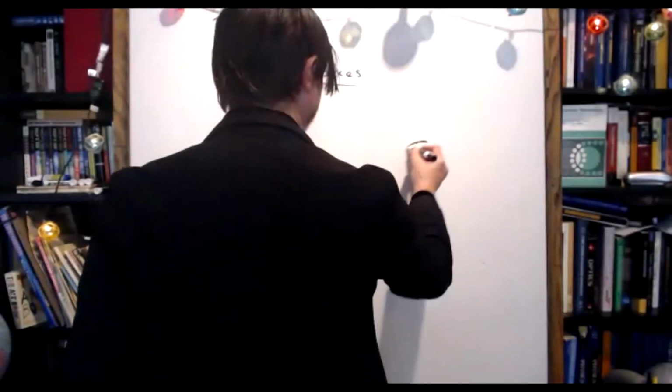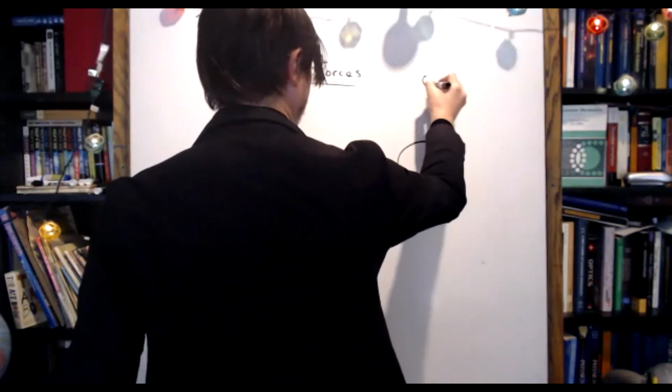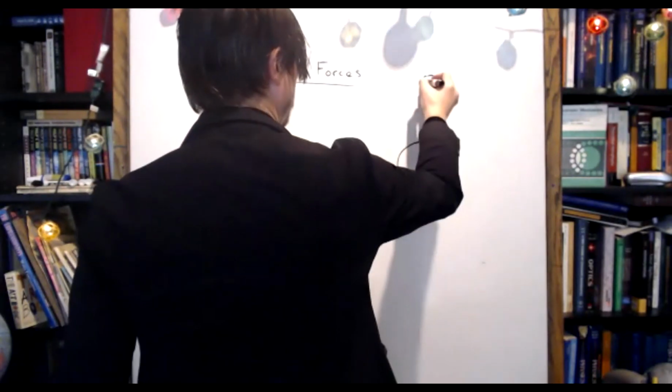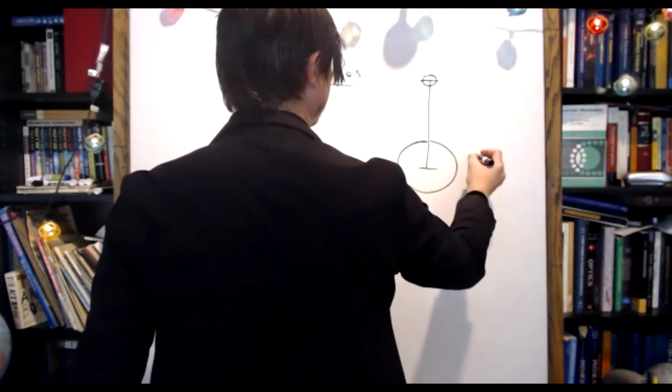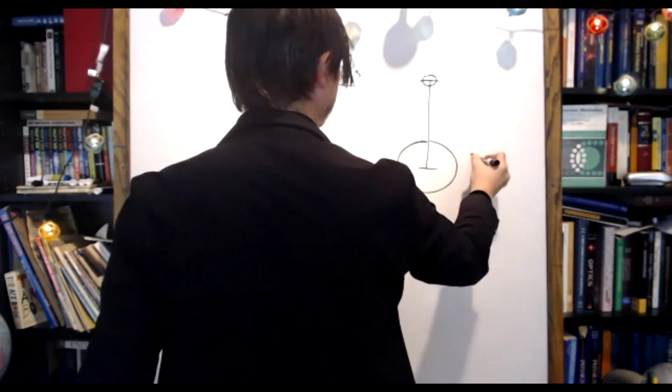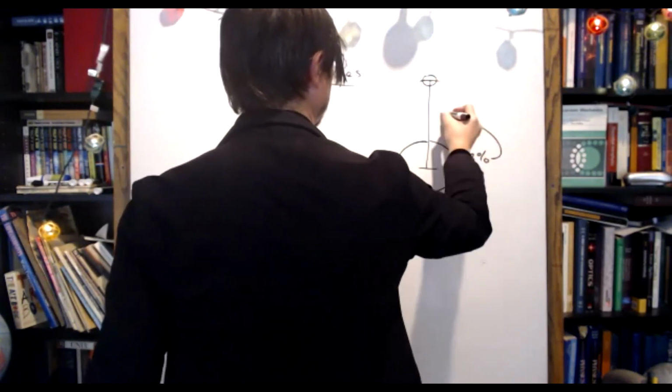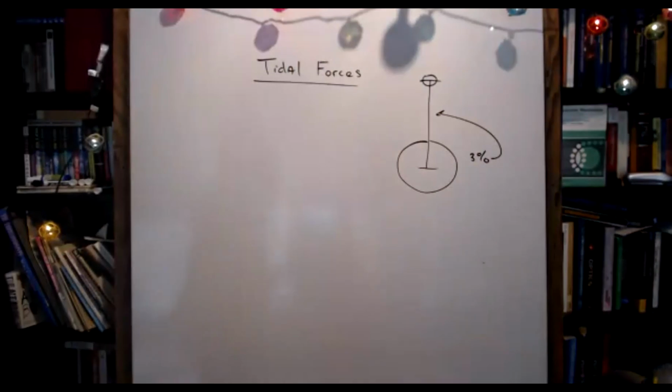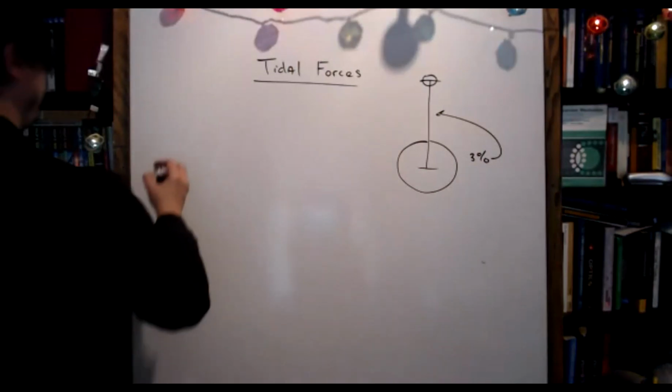So here is Earth, and here's the moon. And you guys know that the diameter of Earth is about 3% of this distance, right? What if we considered the sun?